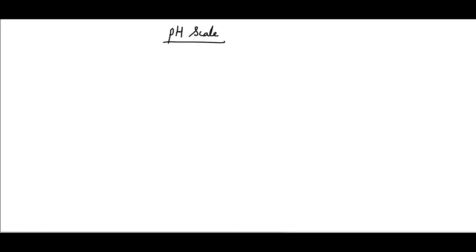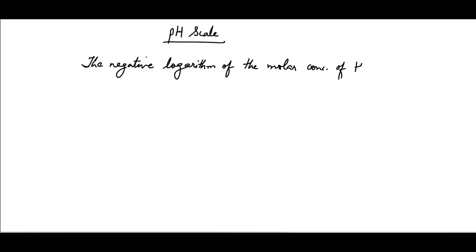So pH scale is nothing but the negative logarithm of the molar concentration of H plus ions.